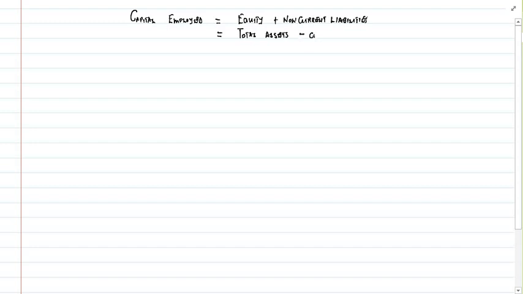minus current liabilities, right? This formula can also be written as follows.